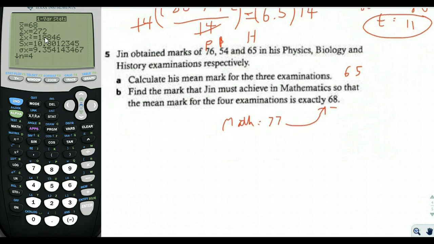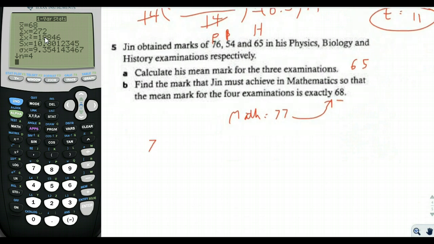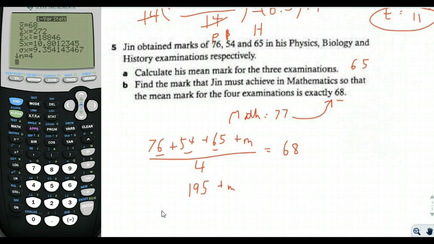Now, how would you do this with algebra? You would just say, okay, the formula for averages, if I add up the 4 scores, including the unknown math score, and divide it by the number of scores, 4, then that gives me the average that I want, which is 68. So then we just combine these 3 scores, and that would give us a total of 195 plus m divided by 4 equals 68.